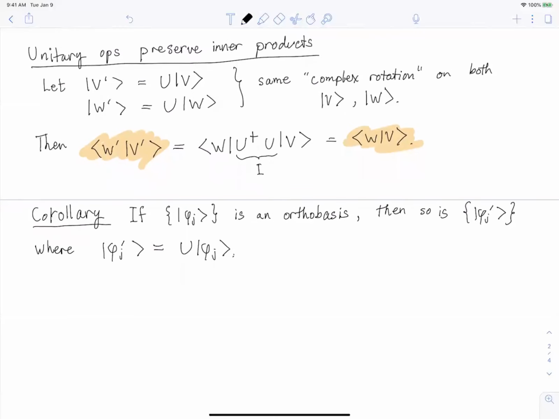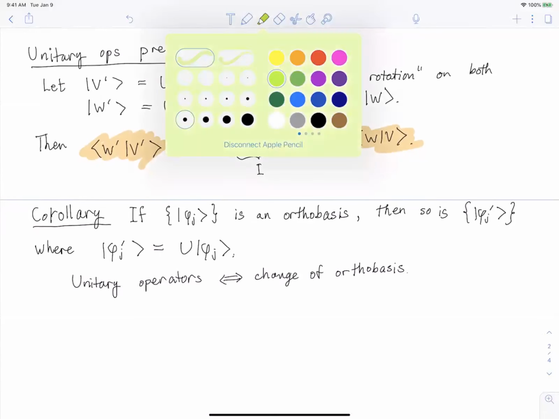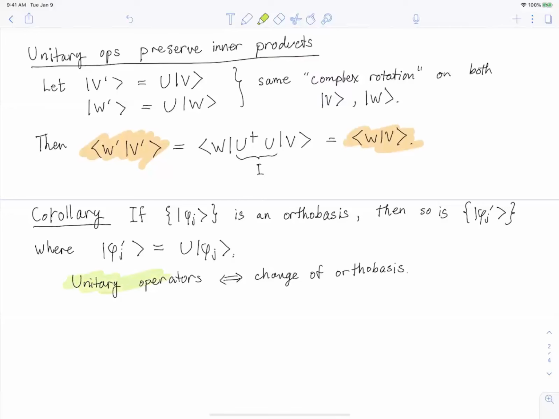A way of summarizing what we've learned about this is that unitary operators are the same thing as a change of orthobasis. That's a very key concept that deserves to be highlighted.